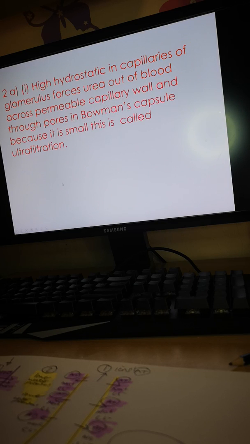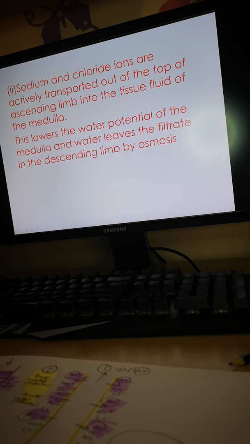Four marks. I believe in the mark scheme it's got sodium chloride ions are either actively transported or diffused. On the new spec they might want you to have actively transported at the top, but sodium and chloride ions are diffused out at the bottom of the ascending limb, so you probably need that for the new spec.